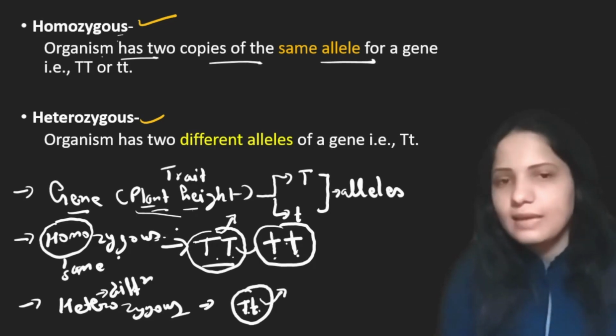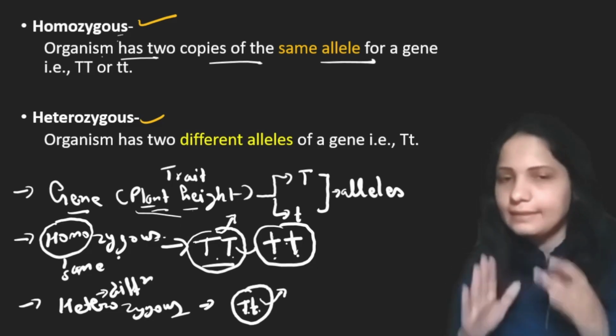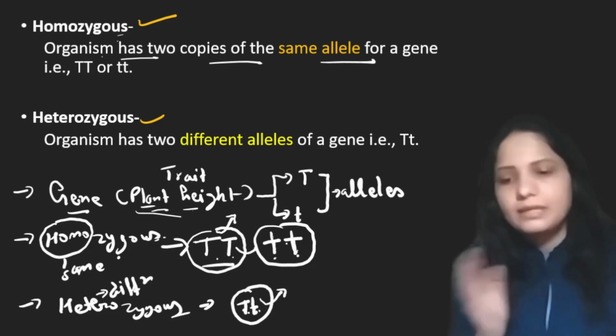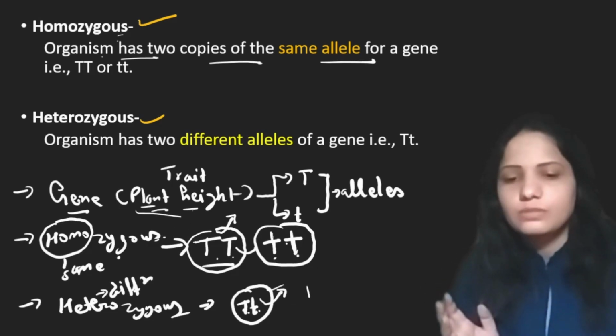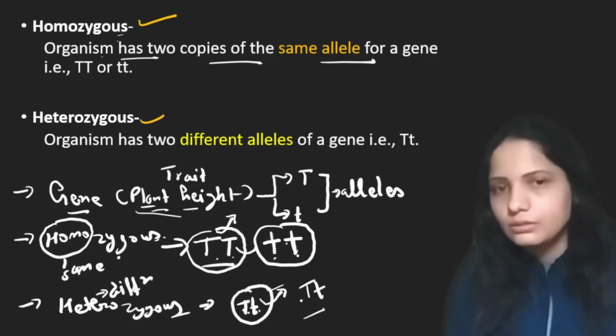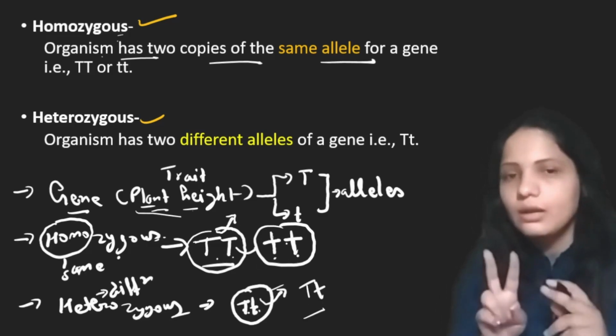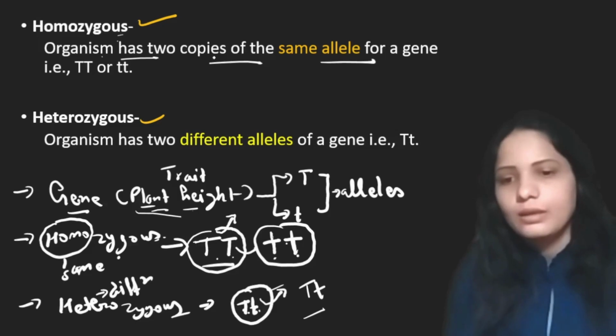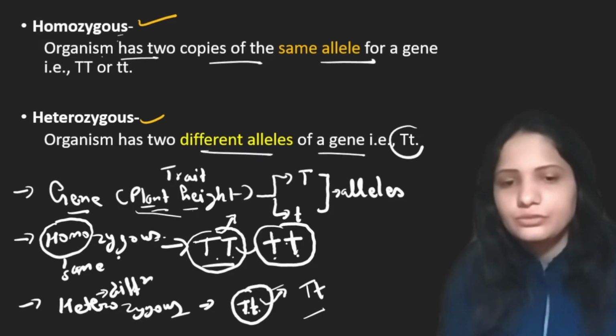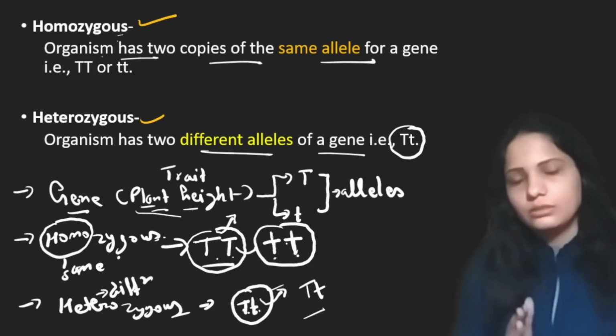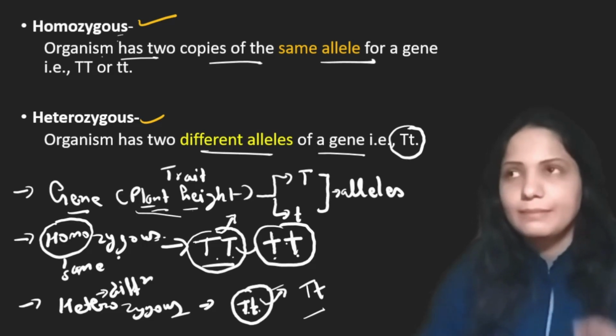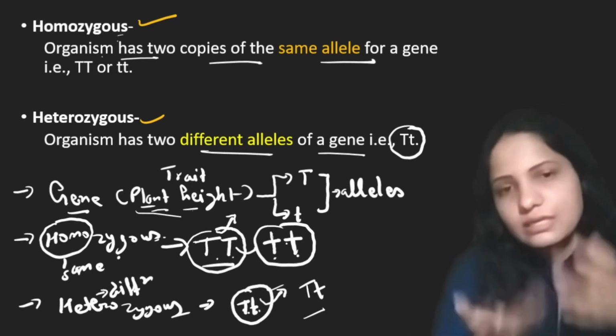In homozygous, we have two possibilities, capital T capital T or small t small t. But in case of heterozygous, we have this possibility, capital T, small t. Heterozygous means two different alleles of a trait. Clear? The organism which has two different alleles of a gene is heterozygous, capital T, small t. So for now, you just have to remember what is homozygous and what is heterozygous.